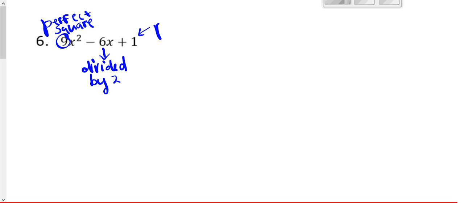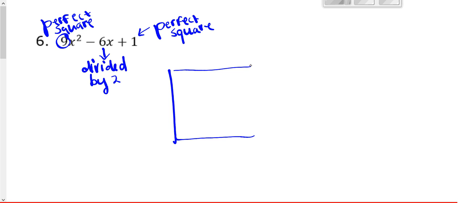And this is also a perfect square. So I might go ahead and do my perfect square trinomial, but if I'm struggling, I can remember we can go ahead and do our area model, which a lot of you are doing. So I'm going to go ahead and do that for this one.